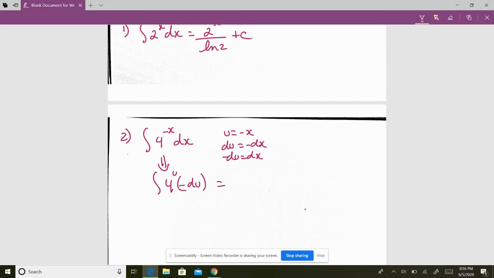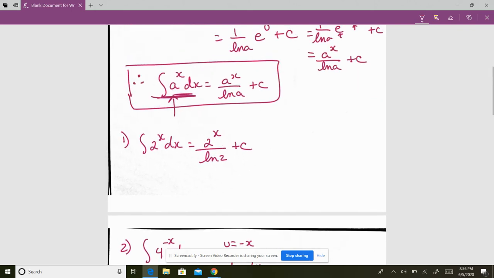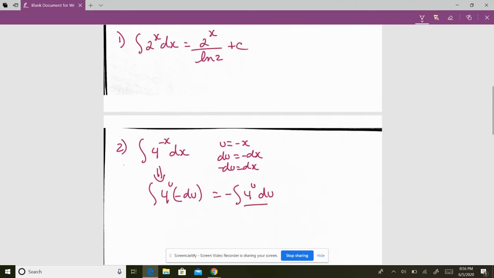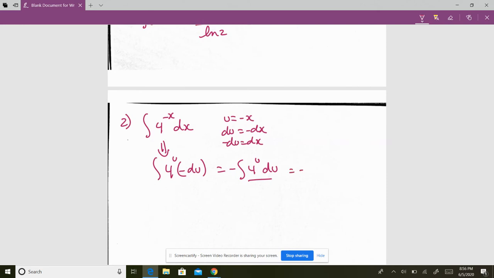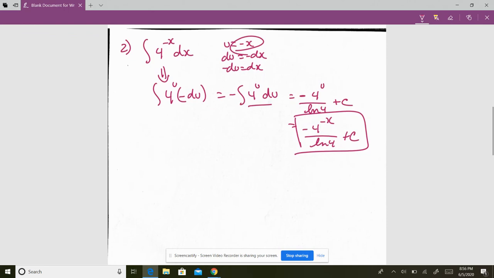I pull that negative out. Now this integral matches our formula perfectly. So the negative comes with it, 4 to the u over the natural log of 4 plus c. What was u? Negative x. So you might have to do a bit of u substitution to get it to match the formula, but that's okay.